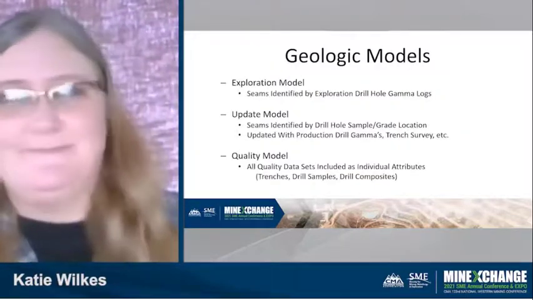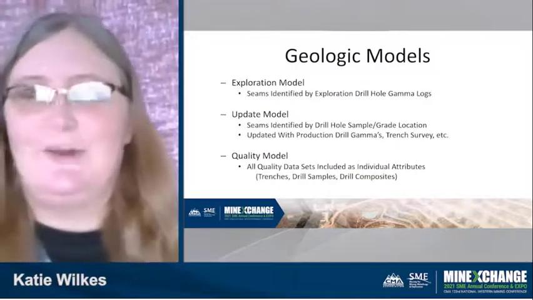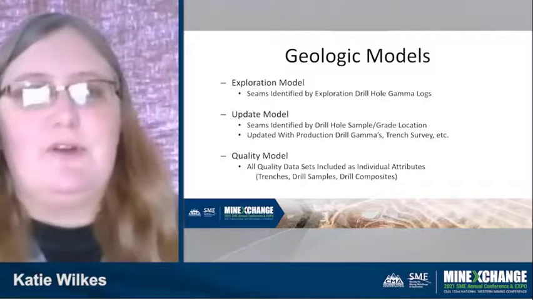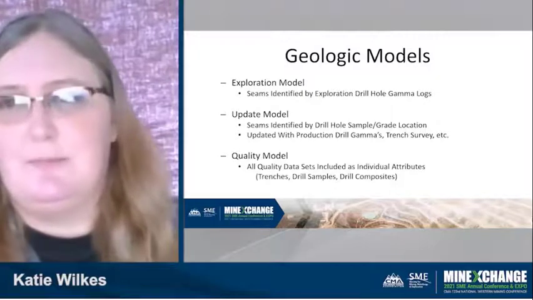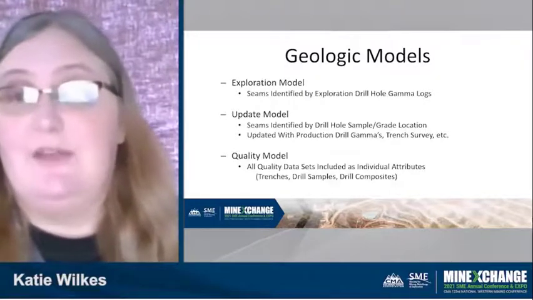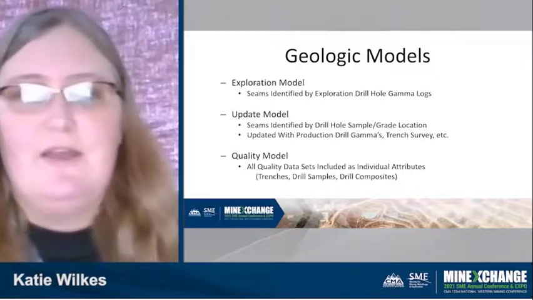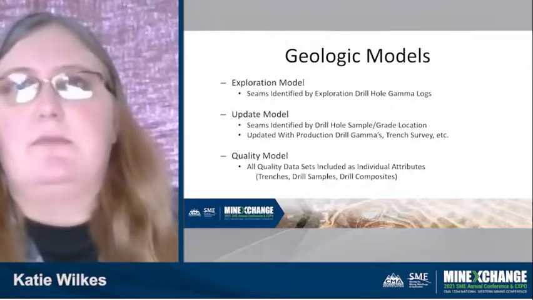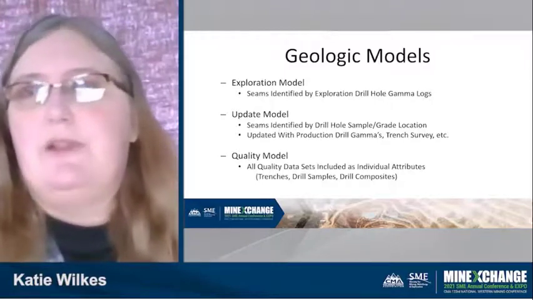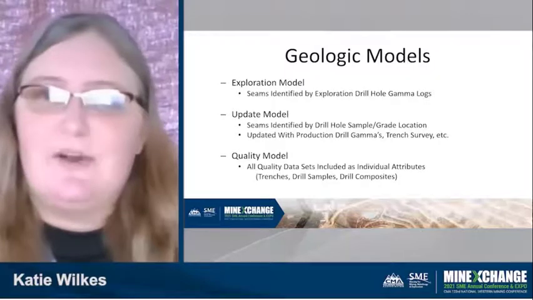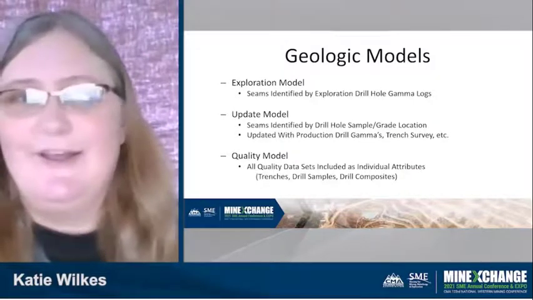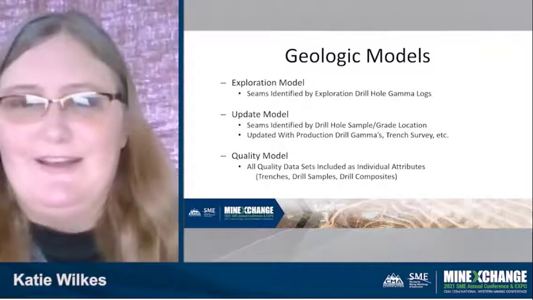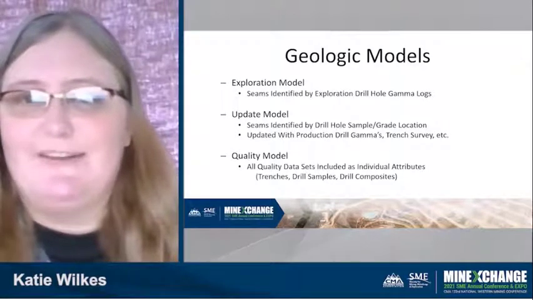But moving on and trying to get the best product that we can, we start with our exploration model based on those drill holes, the logs we have, and the gamma logs that you just saw. Then we get our samples back from the lab. We might adjust the thicknesses of our seams, throw in anything else that we can get our hands on to our update model to try and create a better product.